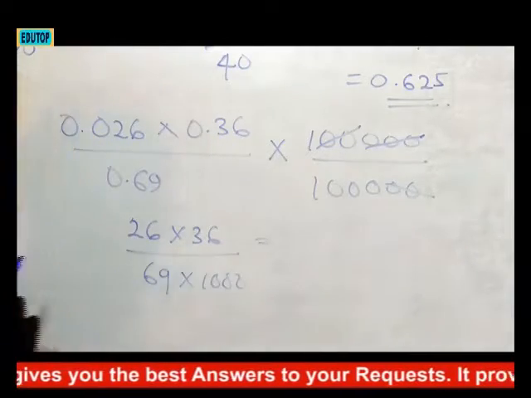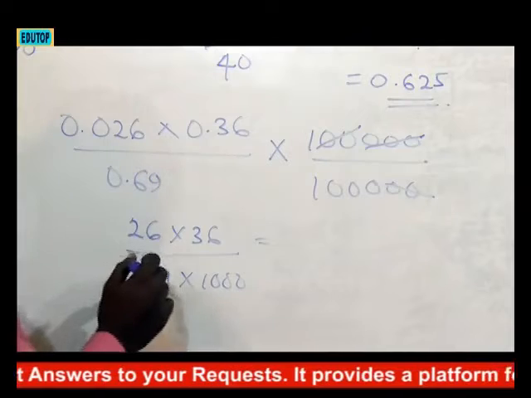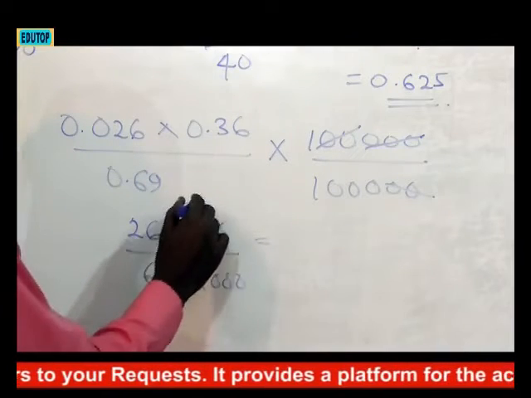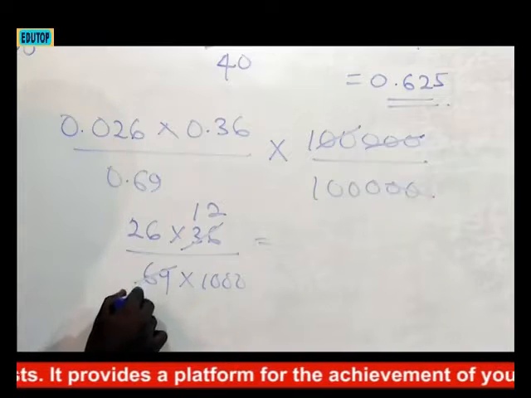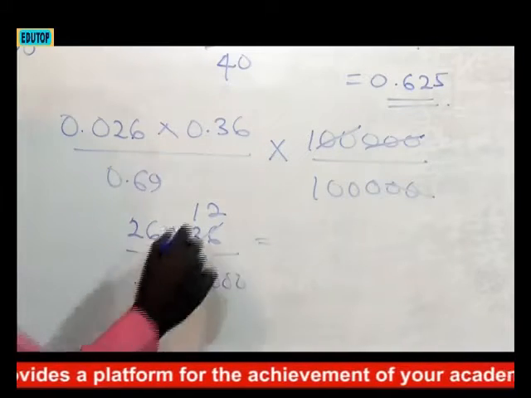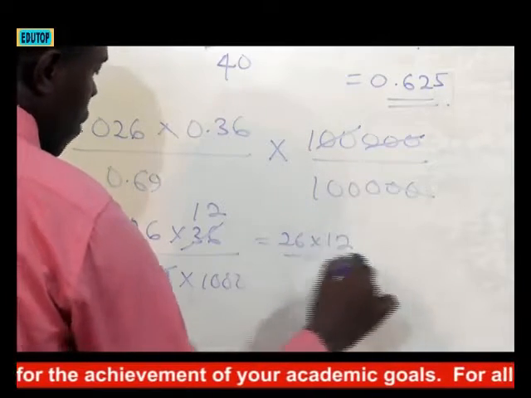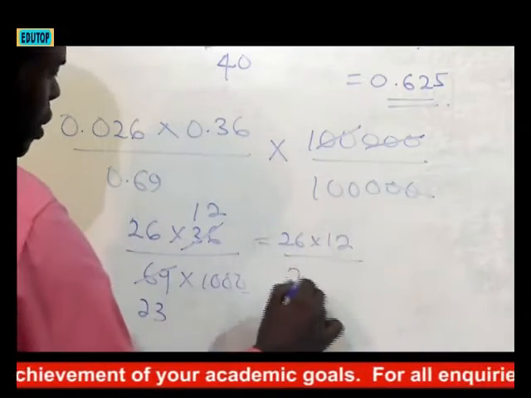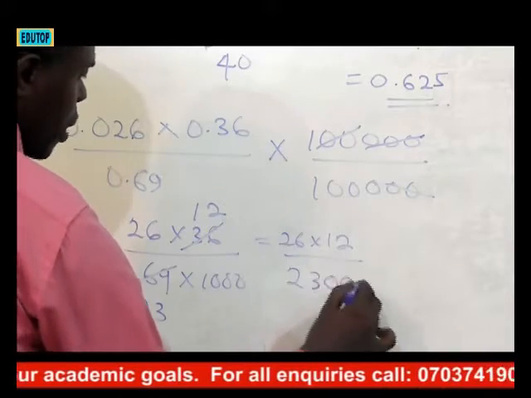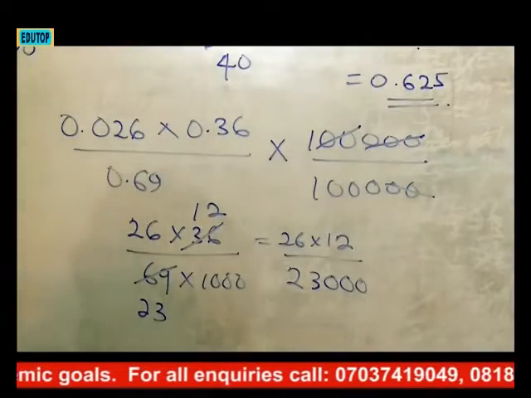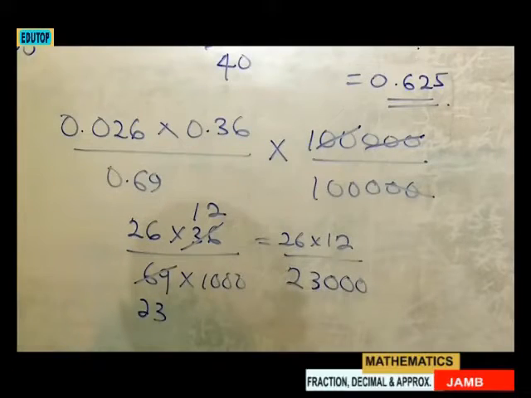So we have 26 times 12 over 1000 times this, that is 23,000.